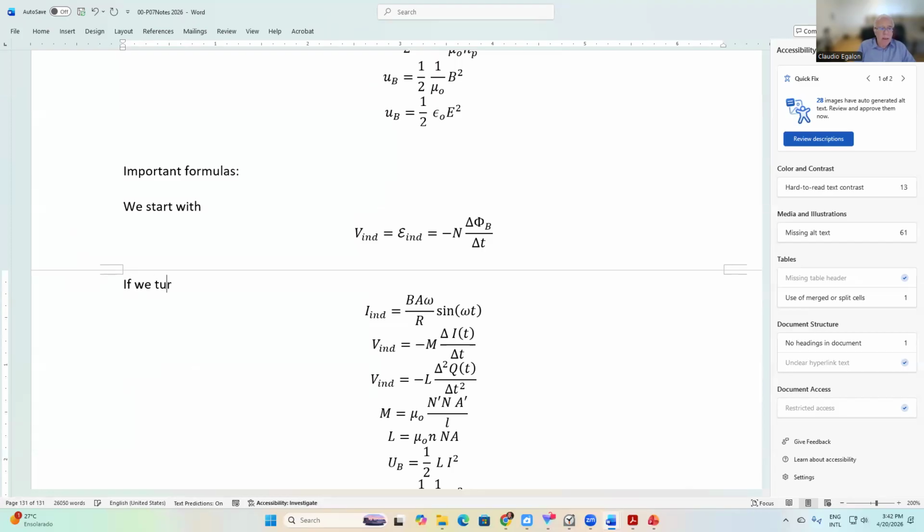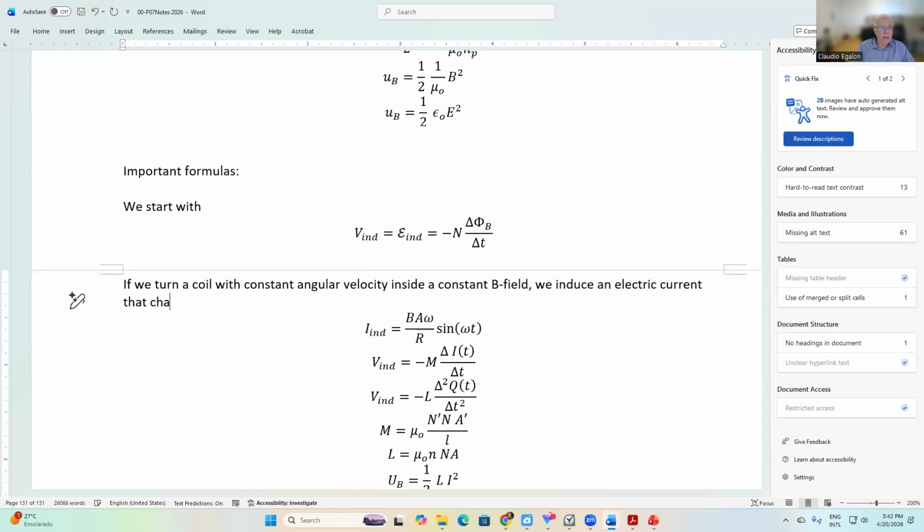If we turn a coil with constant angular velocity inside a constant B field, we induce an electric current that changes in time sinusoidally.